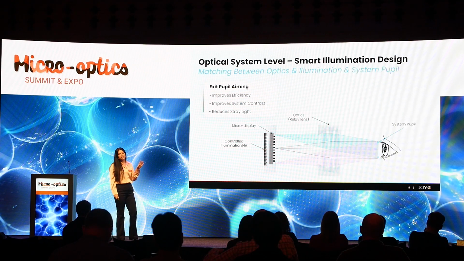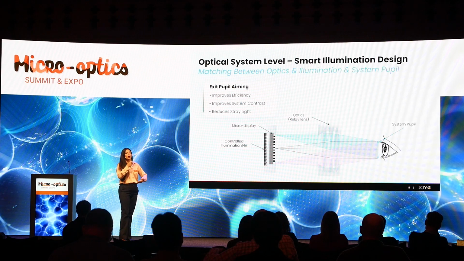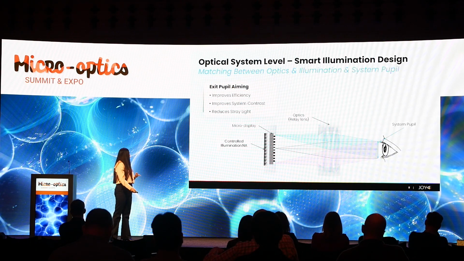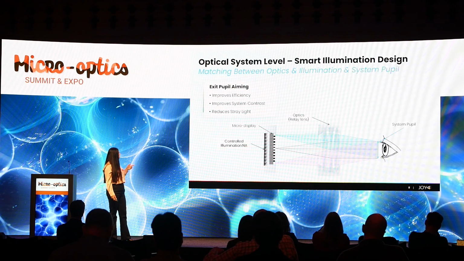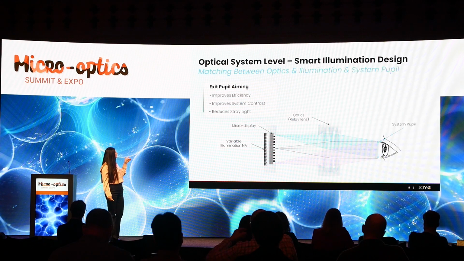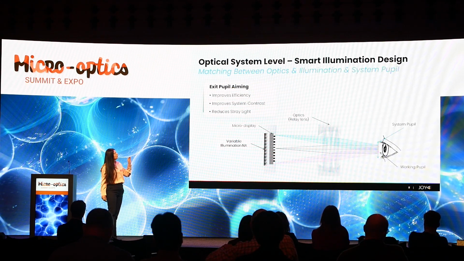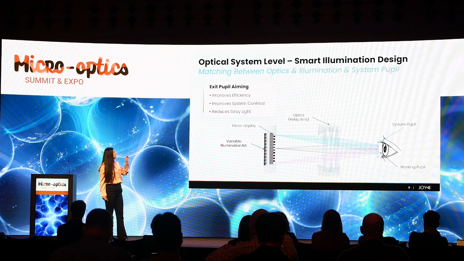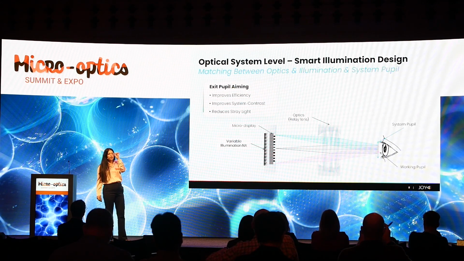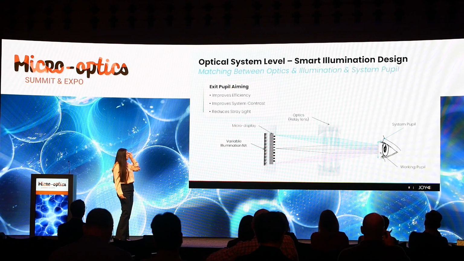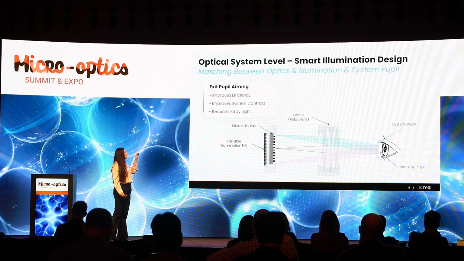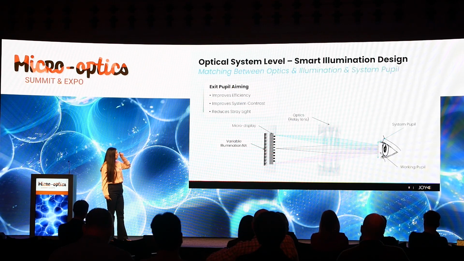But I want to take this idea to an even more complex level. Instead of a controlled illumination numerical aperture, we can have a variable illumination numerical aperture, which would be even smaller and would be aligned towards the working pupil, which is the actual pupil of the user's eyes. In this case, we focus the light even further towards the actual working pupil.